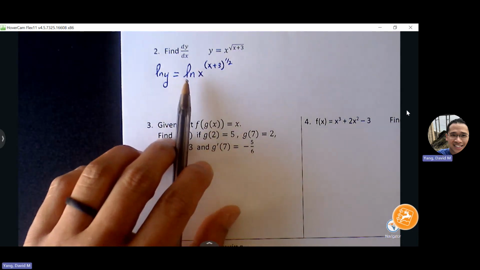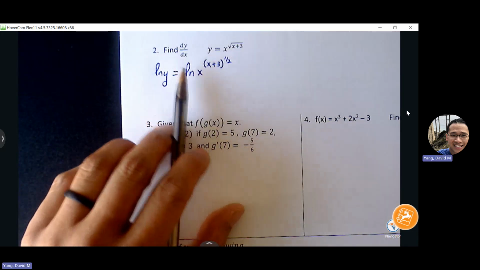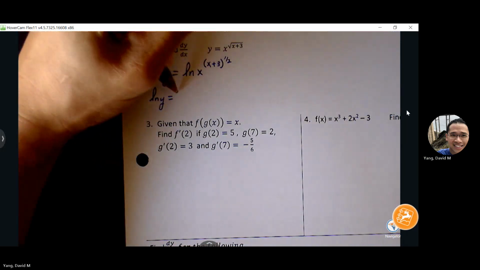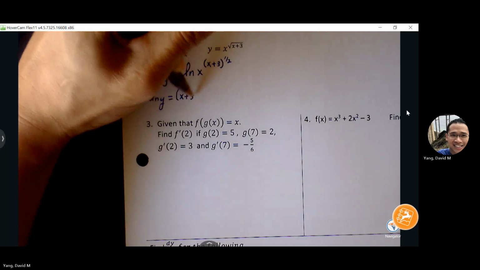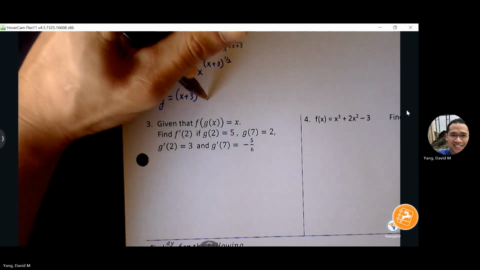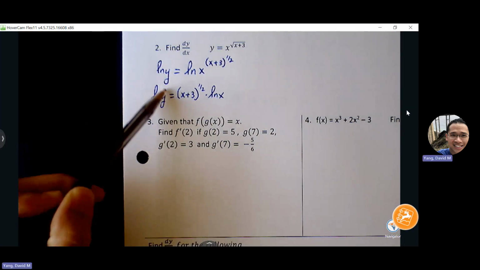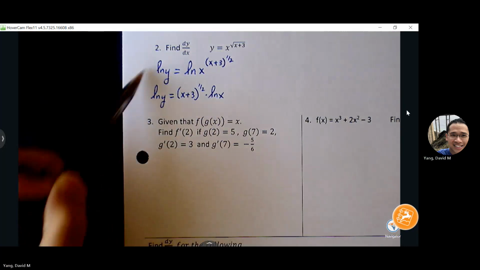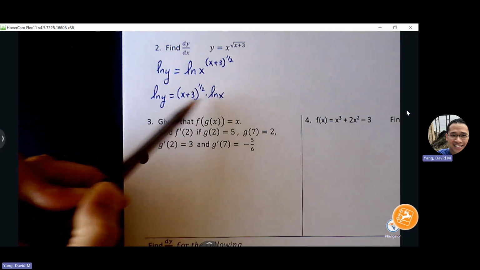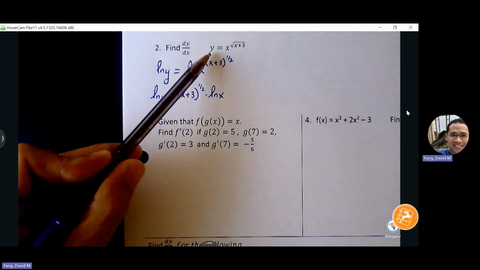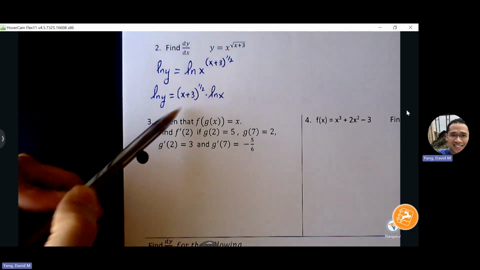Yeah, now that we're inside the natural log expression, we can bring that exponent down. Okay. So no calculus so far. All we've done is we just rewritten it into a form that is easier to manage than what we started with. So now we can move on to our derivative, right?